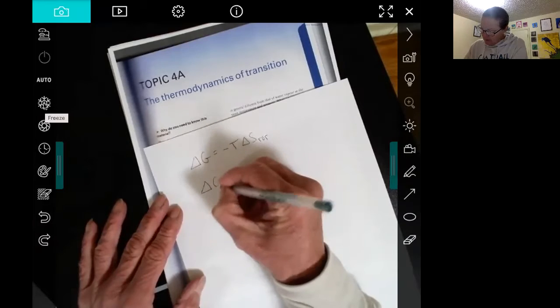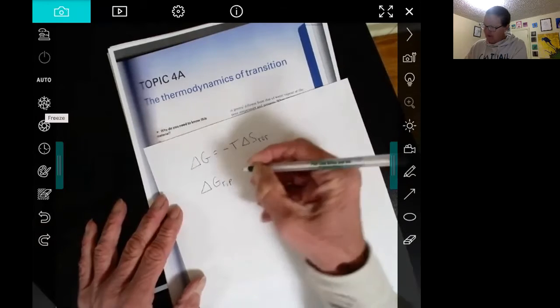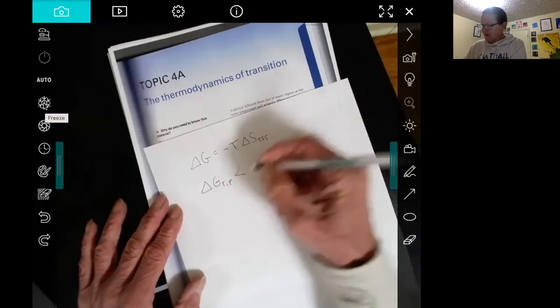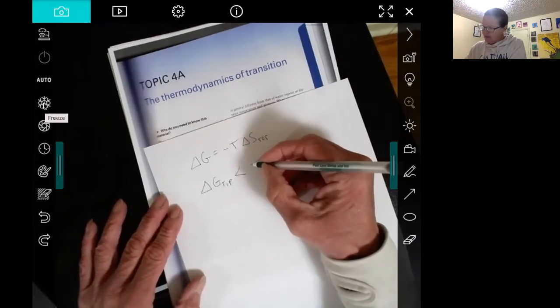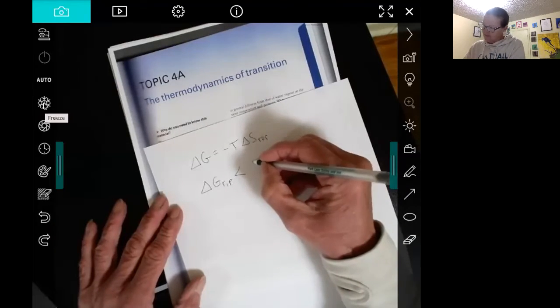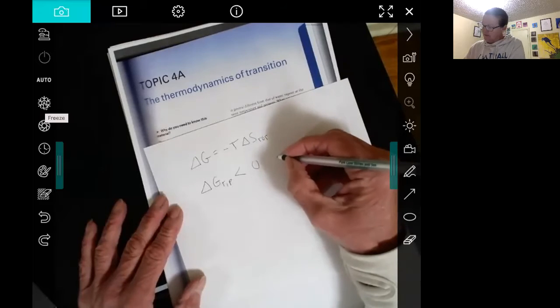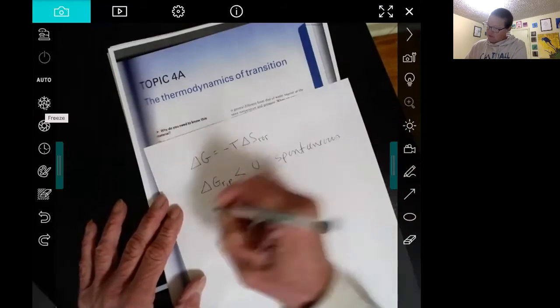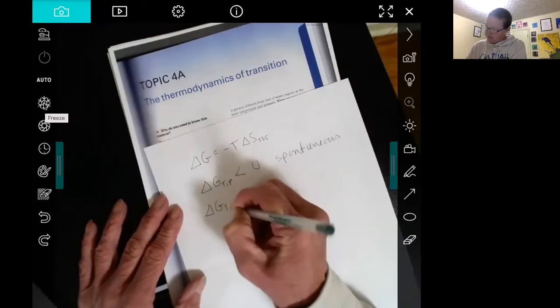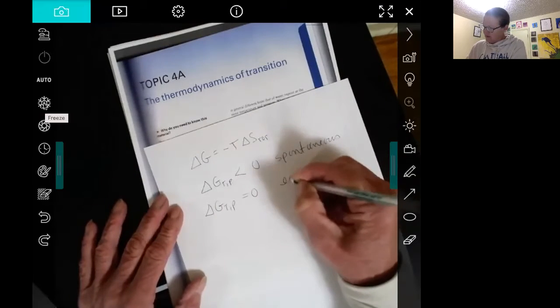You want to remember that it's only at constant temperature and pressure that these relationships are true. So if this is less than 0, then it's spontaneous. Equals 0, we're at equilibrium.